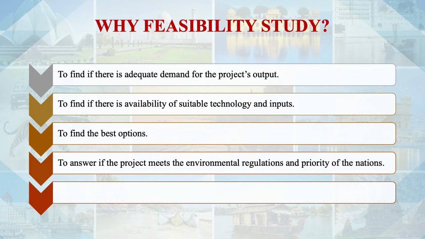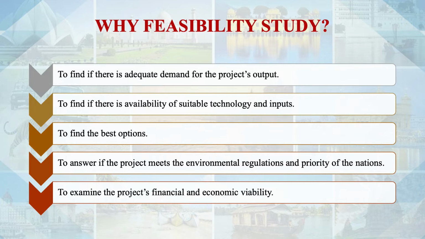To answer if the project meets the environmental regulation, then it can be sustainable. Otherwise, in the long run, it may not survive, because nowadays environmental regulations are getting more stringent, and the priority of the nation, what the country, what India wants.